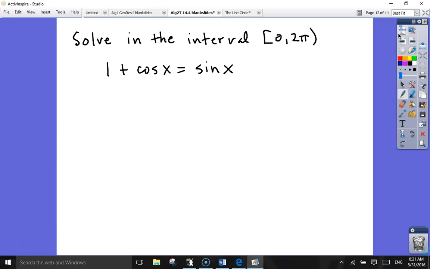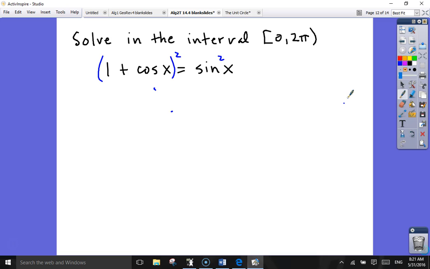Again, you wouldn't think of this necessarily, but if I square both sides like that, I'm going to get a 1 plus cosine. I have to FOIL that, but I'll get a 1 plus 2 cosine plus cosine squared. And on the right, I'm going to get a sine squared. I still got 2 trig functions, right?